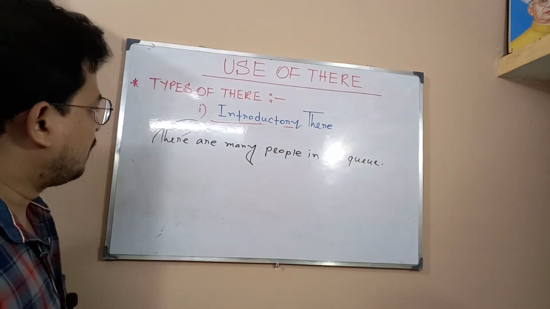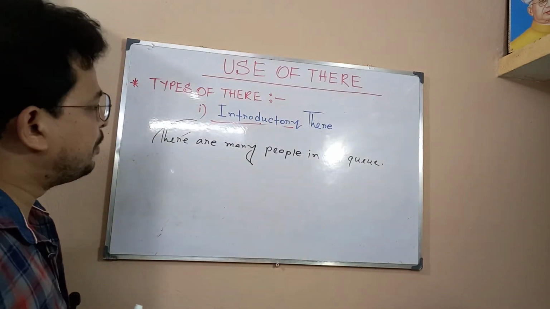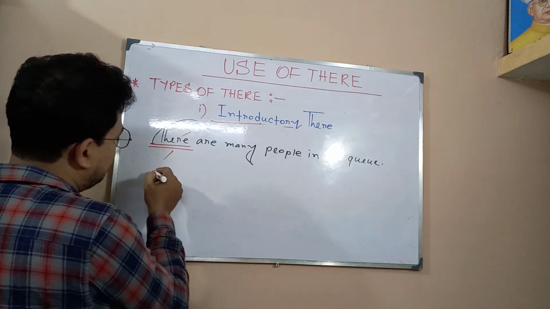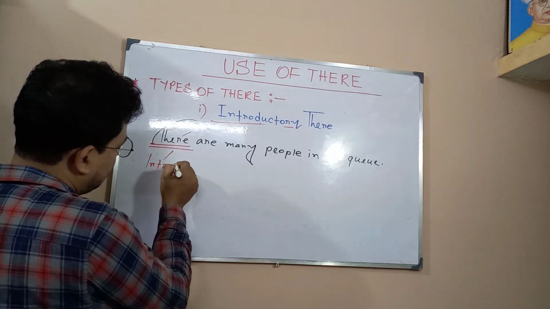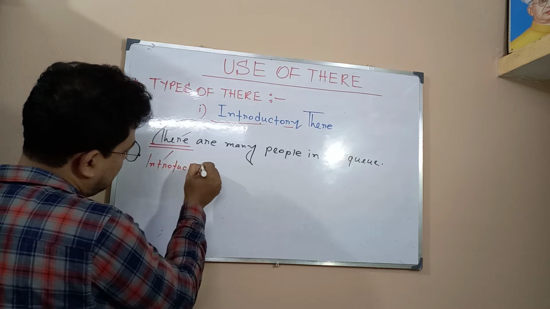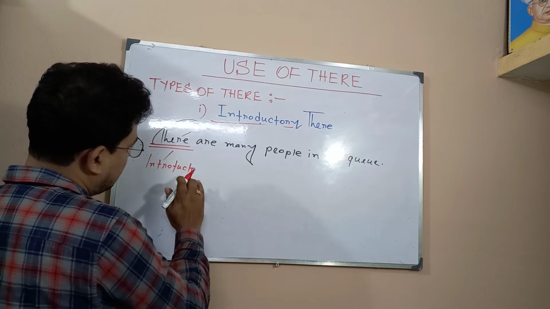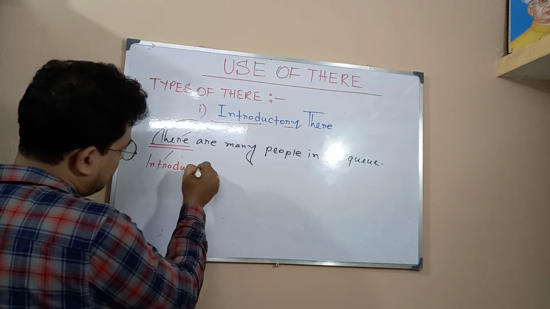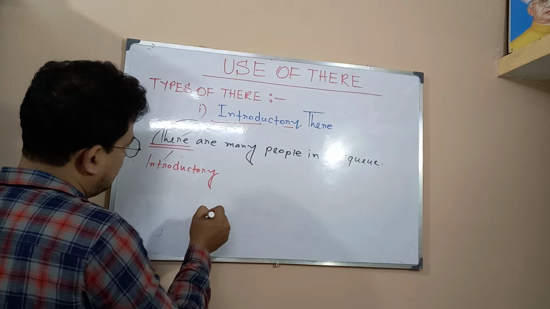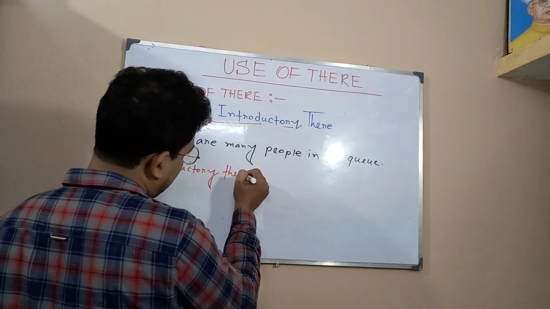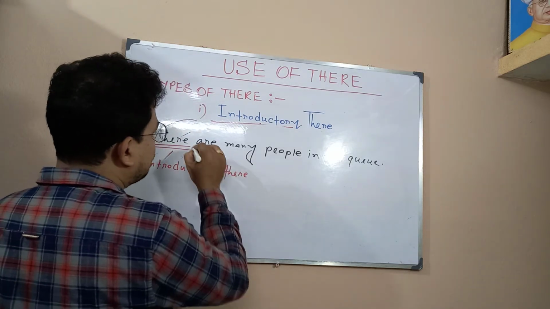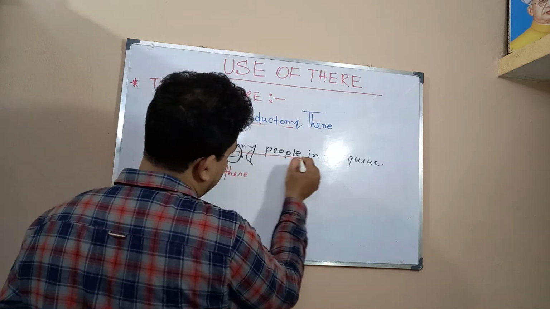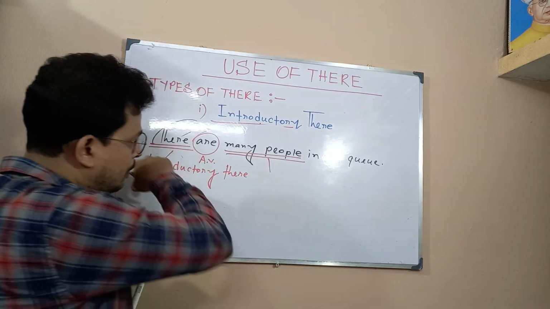There are many people in the queue. There are many people actually. So you can see the sentence starts with introductory there. There are many people. It is the auxiliary verb AV, and many people is plural.